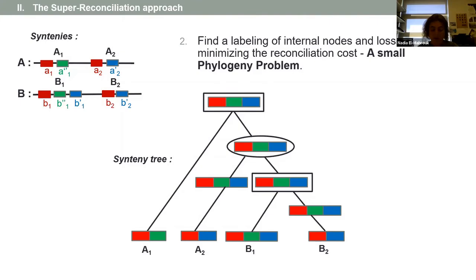Notice that such an evolutionary history is not always possible, because if we allow just for duplications and losses, and if the gene orders are not consistent, we would not be able to infer such an evolutionary history. So if we don't account for rearrangements, the gene orders of the syntenies should be consistent in some way.